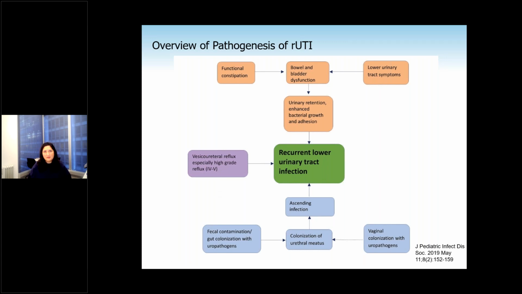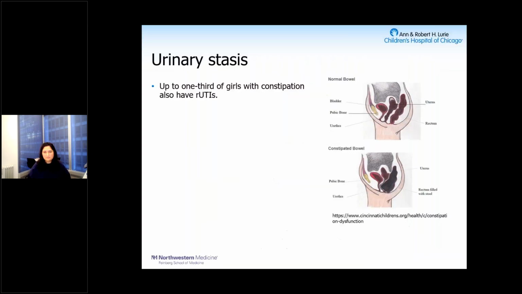Some uropathogens are inherently able to cause disease. How a child goes from being colonized to actually getting infected is very complex, and I don't think we totally understand it. But suffice to say that if a child is colonized by UTI-causing bacteria, uropathogens, their risk of recurrence also increases.